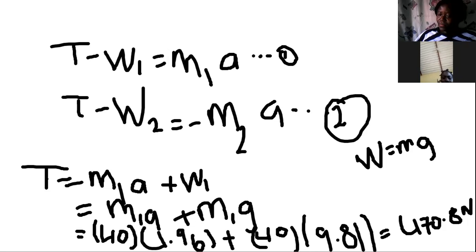Mine is 470.4 Newton. Okay, let me check. 40 times 1.96 plus, did you use 9.81 or did you use 9.8?